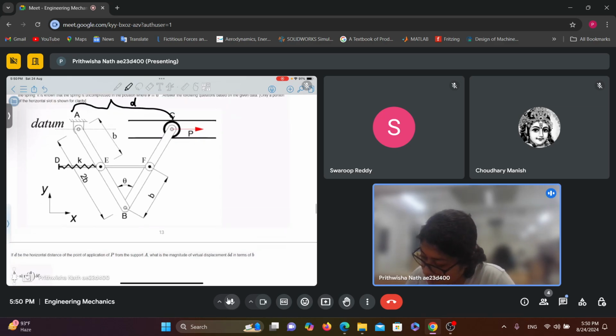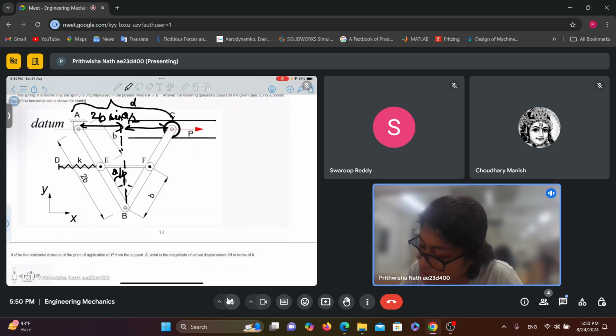So from this figure you can see that this is 2B. So this part is 2B and this is theta by 2. 2B sine theta by 2. Similarly, this distance is also 2B sine theta by 2.